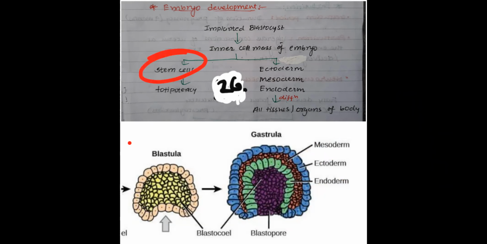Gradually, when the development progresses, these stem cells are lost. They are no longer left in the embryo. In a mature body, virtually they are absent. Only in the bone marrow, partial totipotency containing stem cells are there, which cannot develop into all cells of the body, but at least they can develop into RBC, WBC, 5 different types of WBC, and platelets.